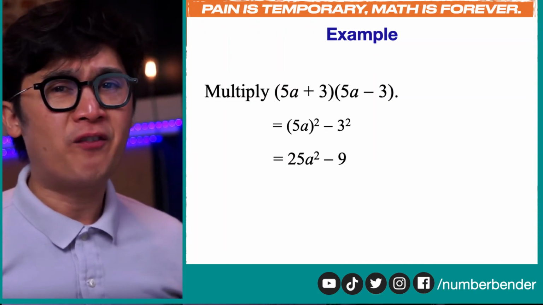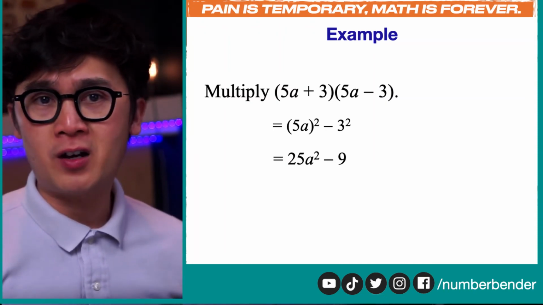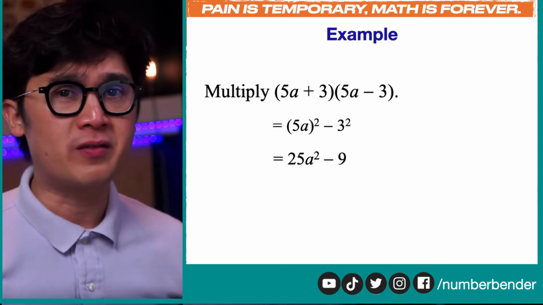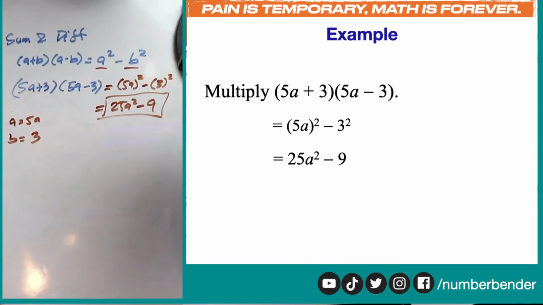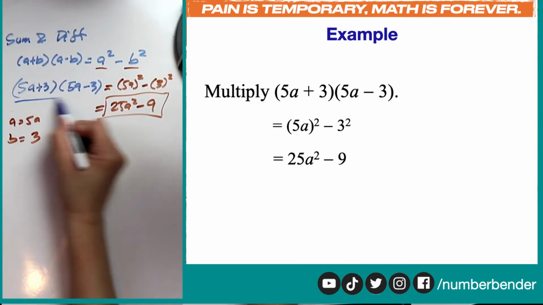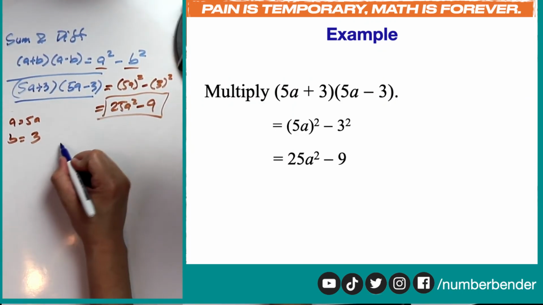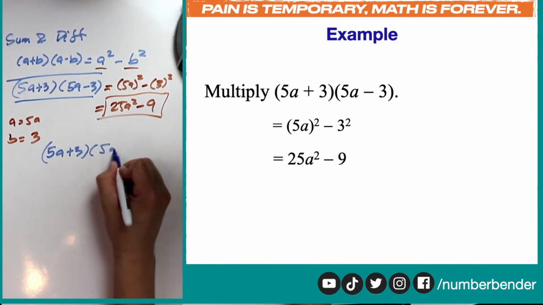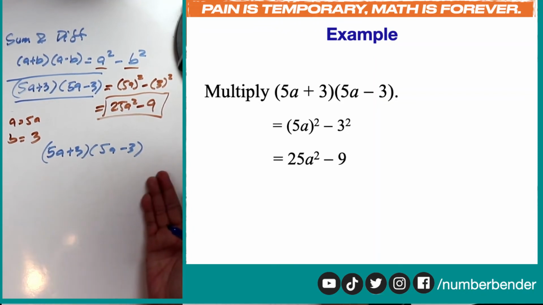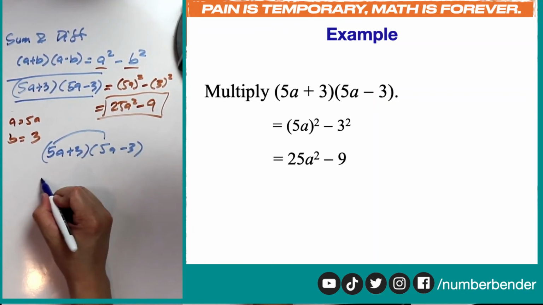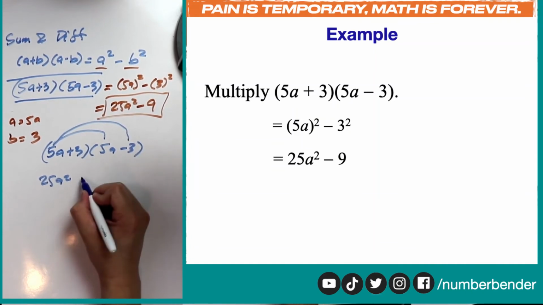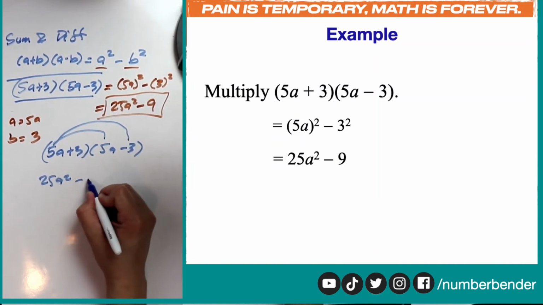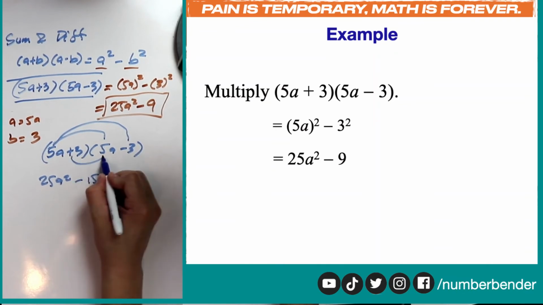Now, is the FOIL method going to give us the same result if we use it for this binomial? And the answer is yes. So let's use the same binomials and the FOIL method to find the product of these two. So first, 25a squared. Outer, which is 5a times negative 3, negative 15a.